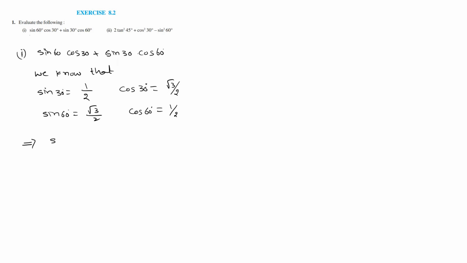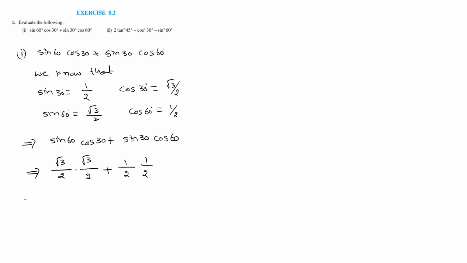So sine 60 into cos 30 plus sine 30 into cos 60. Sine 60 will be root 3 by 2 into cos 30, which is also root 3 by 2, plus sine 30 is 1 by 2 into cos 60, which is also 1 by 2.